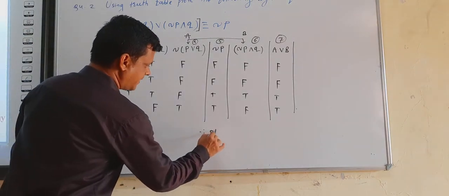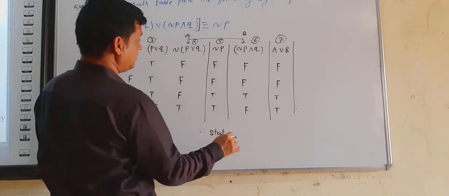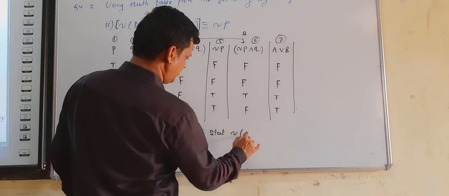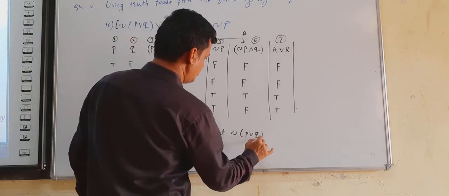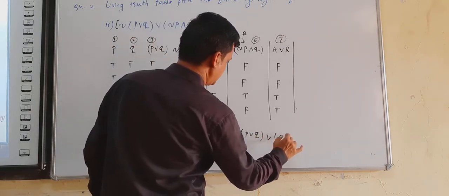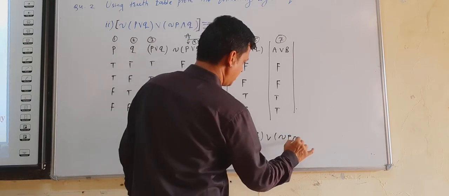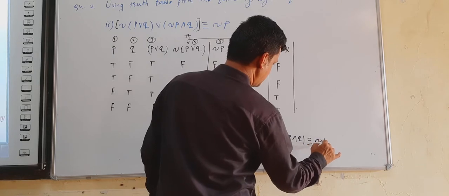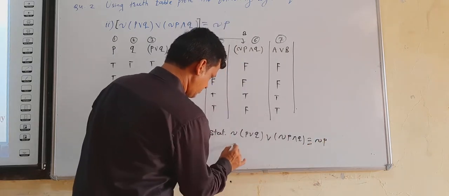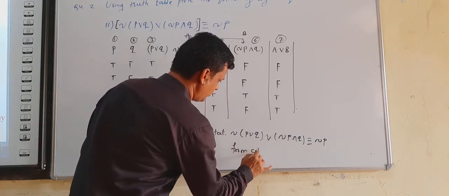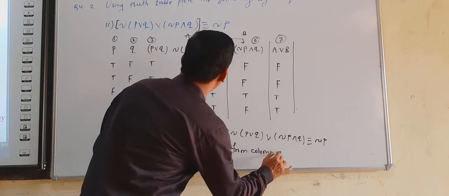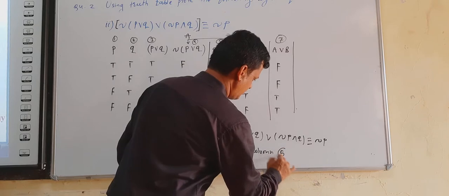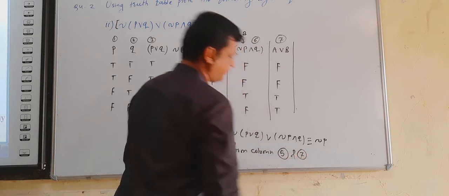Therefore, the statement negation P or Q or negation P and Q is logically equivalent with negation P, from columns 5 and 7.